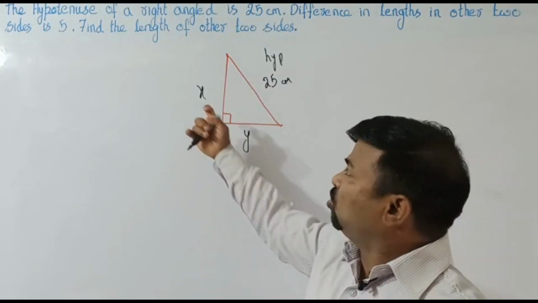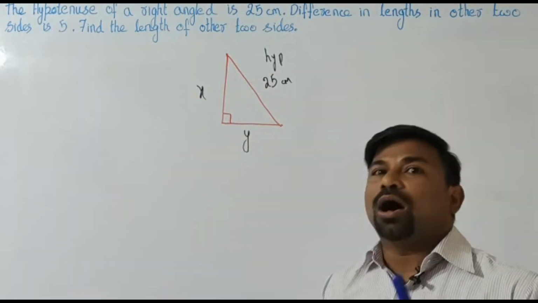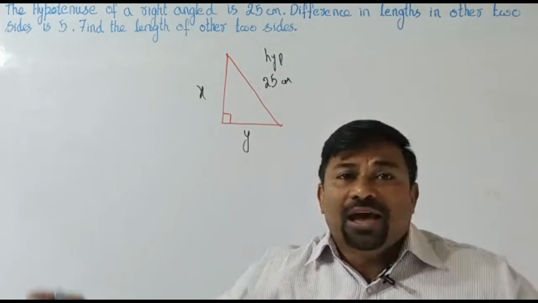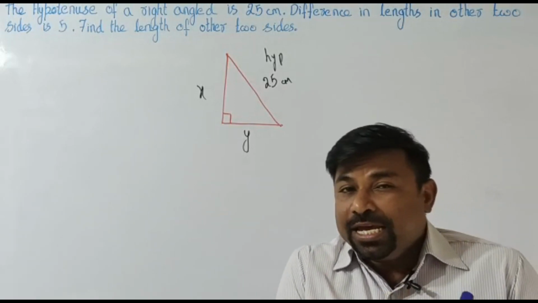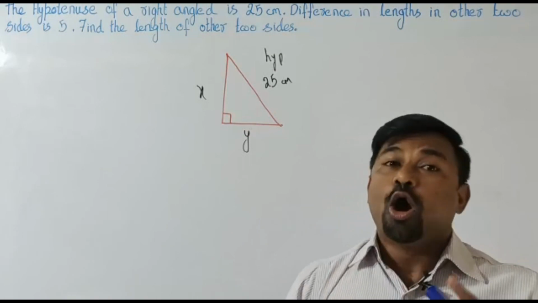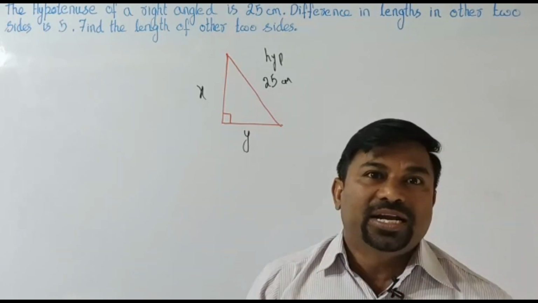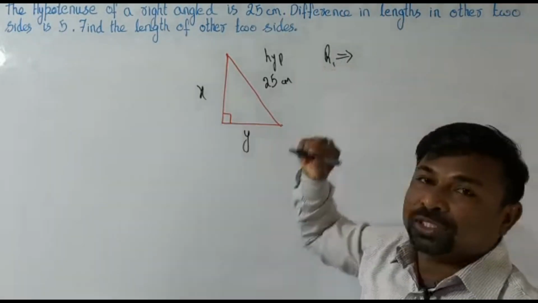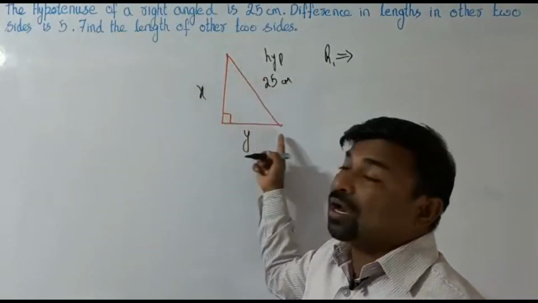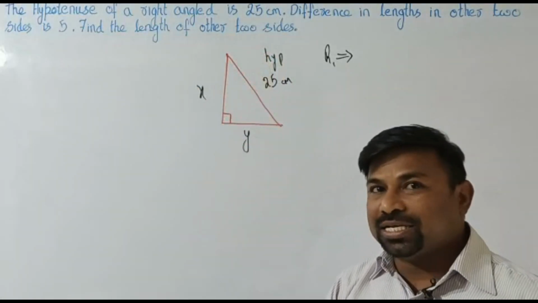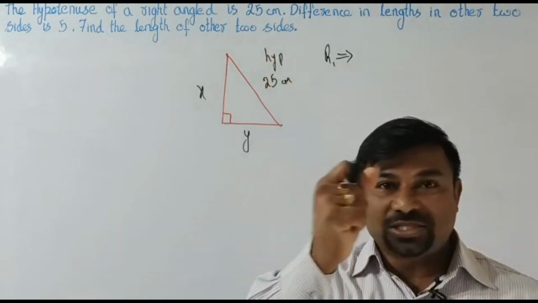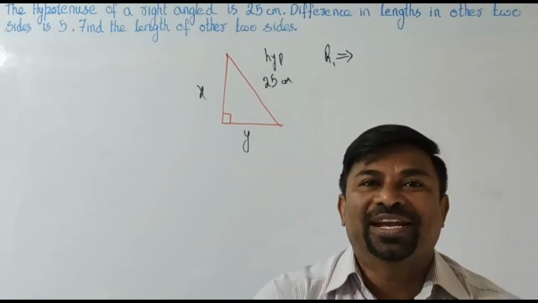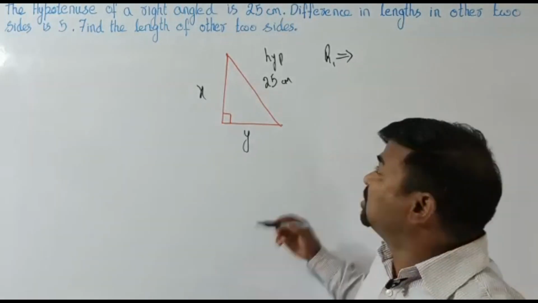Now, to find these two variables, how do we figure it out? There are two unknowns, therefore two variables, but whether it is a linear pair of equations in two variables or a quadratic equation in one variable, let us figure it out. What are the two relations he has given? Relation 1: he is talking about a right angle triangle and the hypotenuse, so the only thing you are supposed to remember is the Pythagorean theorem.